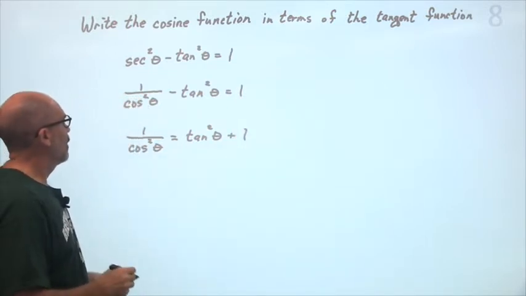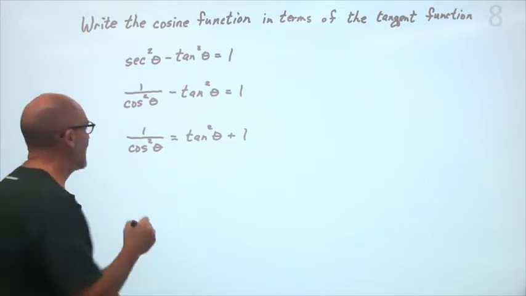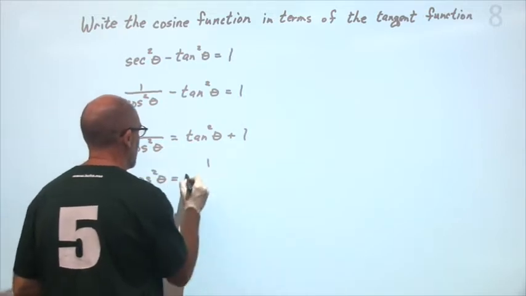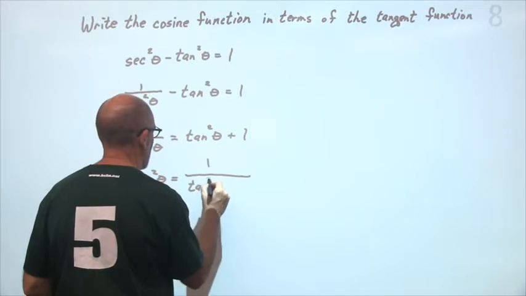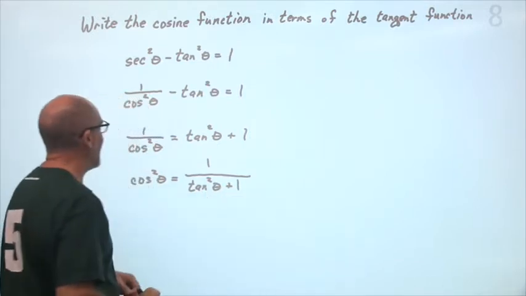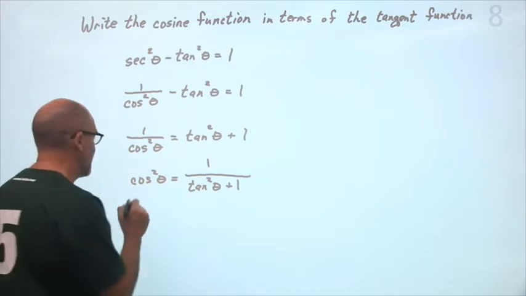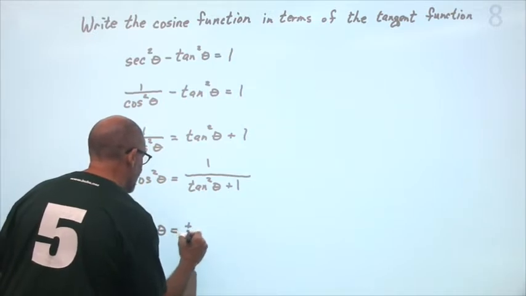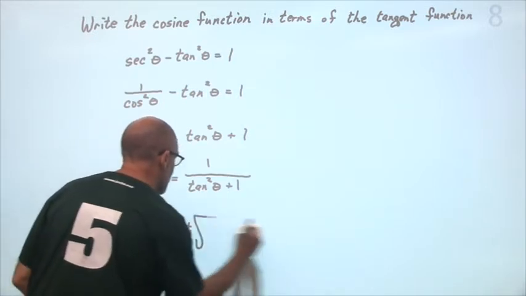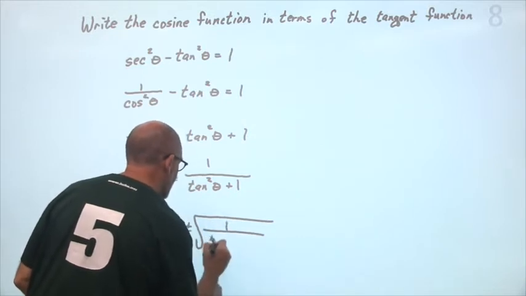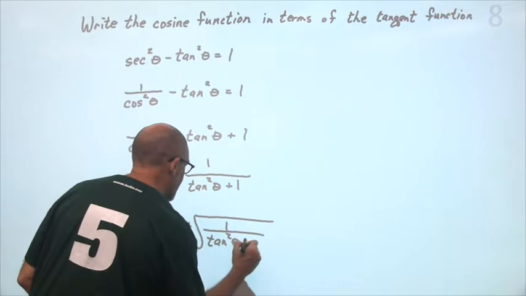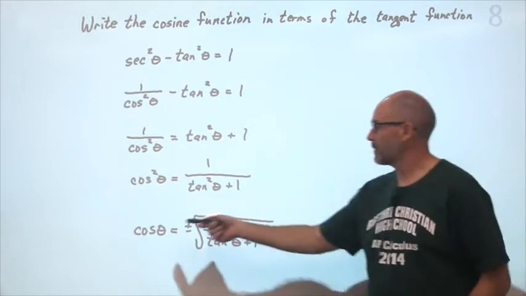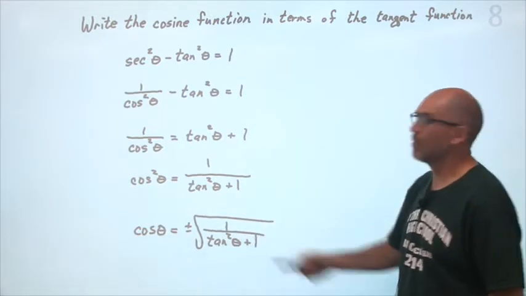And now we want to reciprocate both sides to get cosine squared theta alone. And finally, we take the square root of both sides. So cosine theta now equals plus or minus the square root of 1 over tangent squared theta plus 1. That's it, game over. Notice we have cosine in terms of tangent.